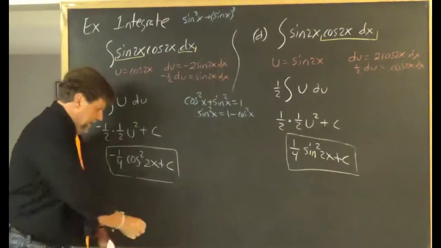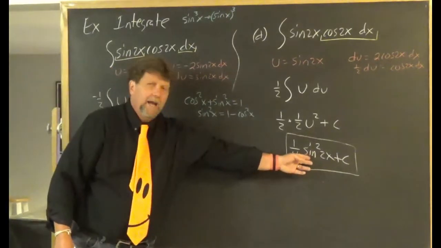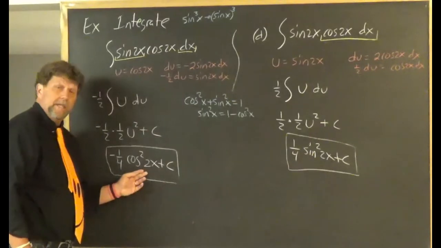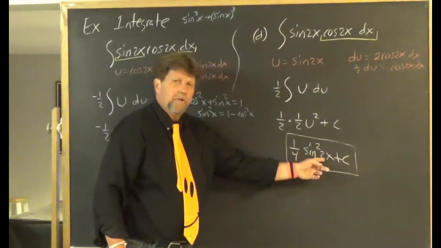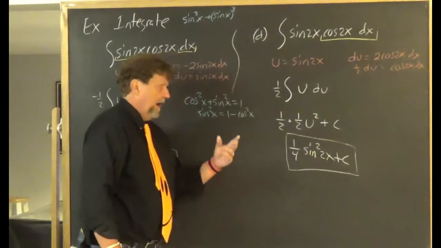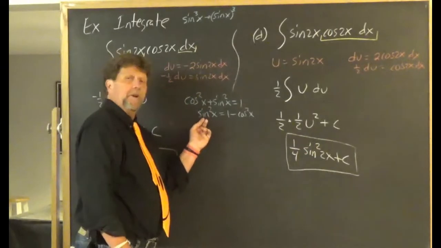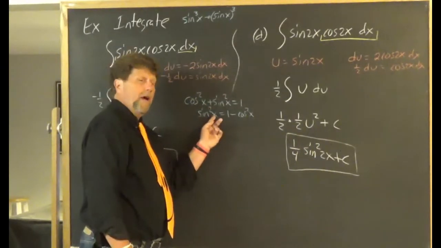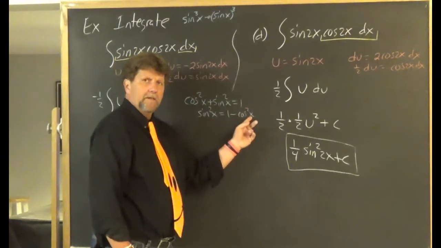So if I'm trying to get my answer to match what's in the back of the book, I look at my sine squared 2x and say, hey, I can rewrite sine squared 2x as 1 minus cosine squared 2x.